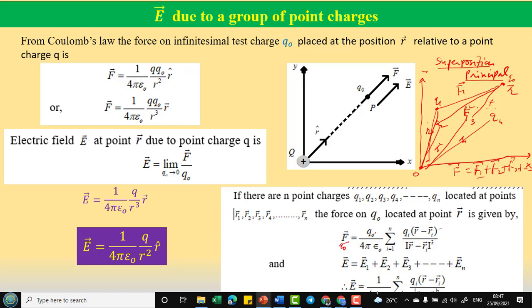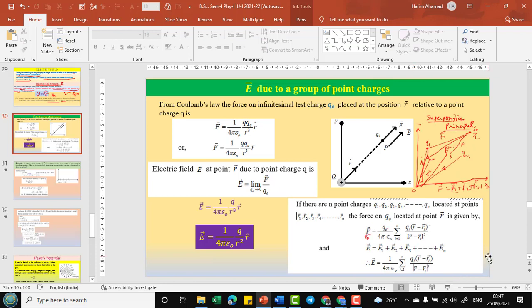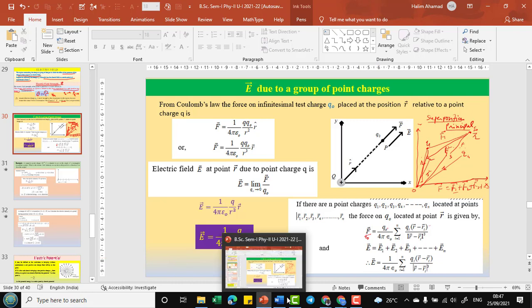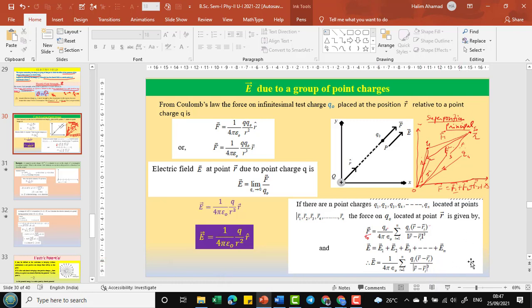So this will be equal to 1 over 4 pi epsilon naught summation. The same summation is going to be there, because here we are dividing by Q naught, so Q naught has been cancelled, right? So this is going to be the intensity of electric field.